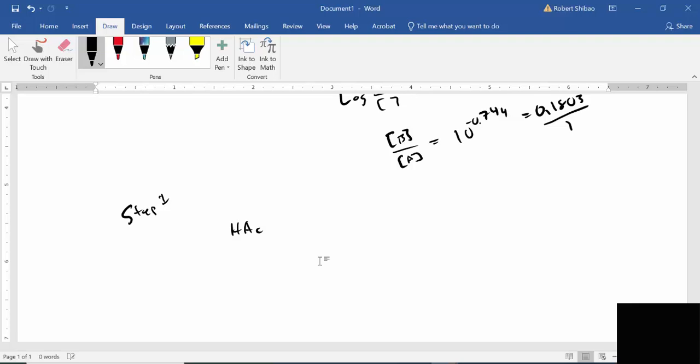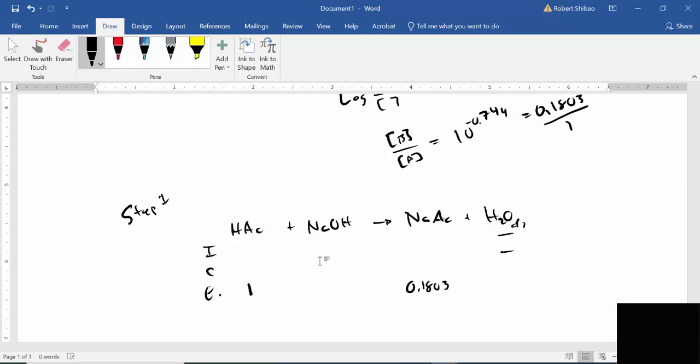So I'm going to have my HAc plus NaOH, and this is going to yield NaAc plus H2O. So I'm working backwards here. So I'm going to have 1 part of acid and 0.1803 parts of base. Then I have to work backwards.